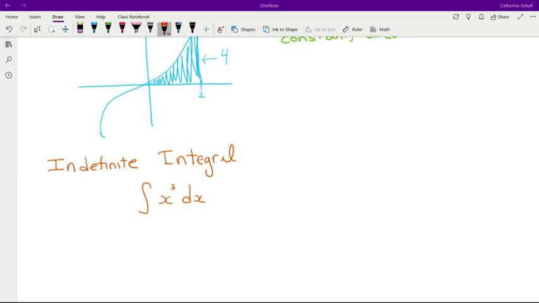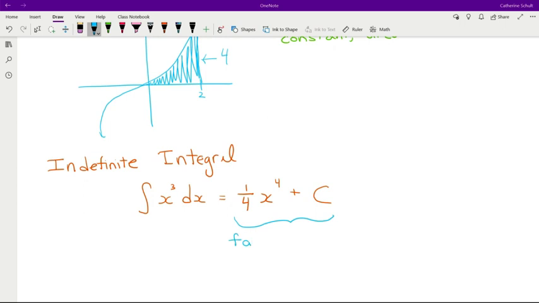The limits of integration, right? So what's going to happen is we're just going to get a function. This is going to tell us to take the general antiderivative. So this represents a family of functions.